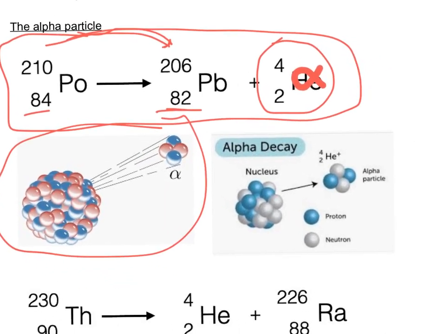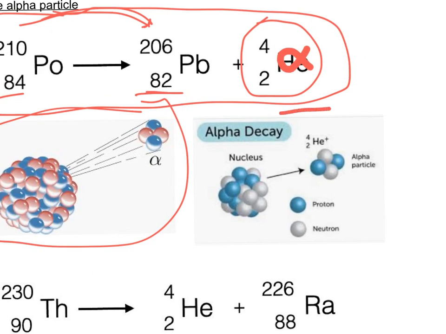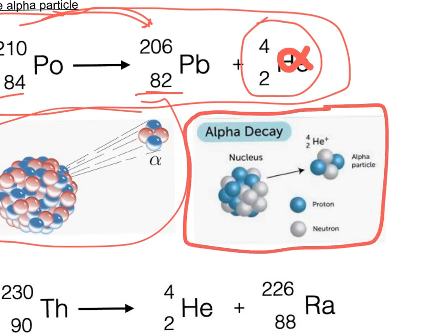And this last image for alpha particle tells a similar story. It reinforces the idea that the alpha particle is two protons and two neutrons combined. And so if we eject that, then as a result of losing those protons, we're going to call the atom by its new element name.